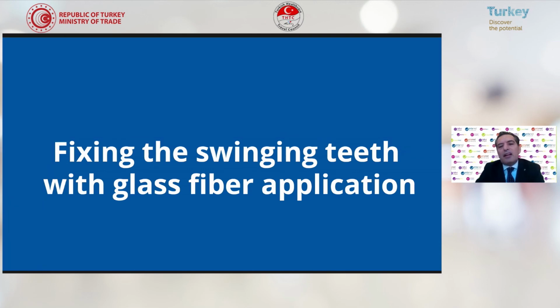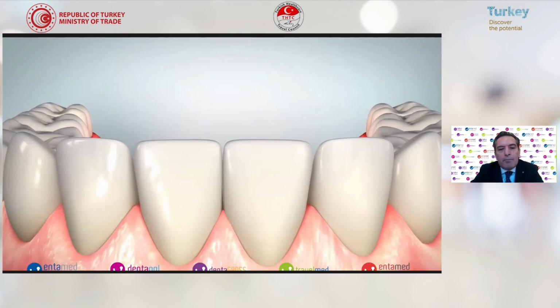And there's another application. Sometimes some of our teeth are moving because of some gum problems. If the patient has gum problems, the patient will be very suffering while biting something, chewing something, eating something. There's an application with fibers, and this is very good for the patient. You see, these are the teeth of the patients.